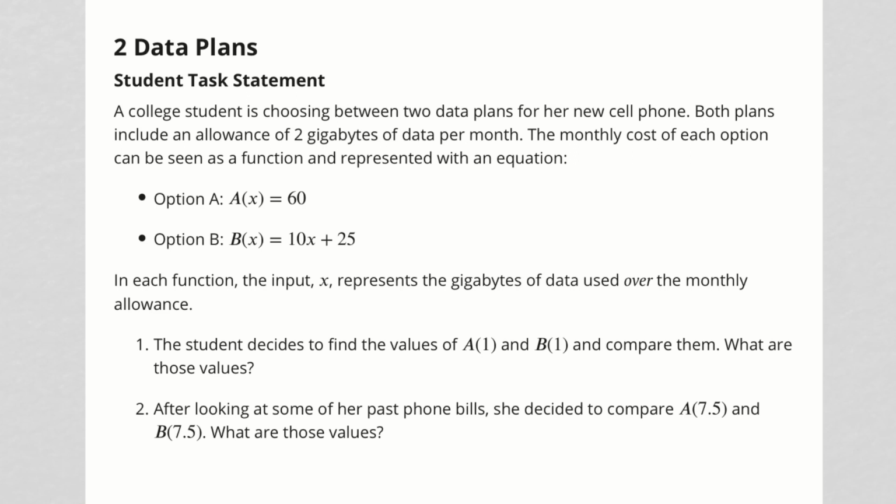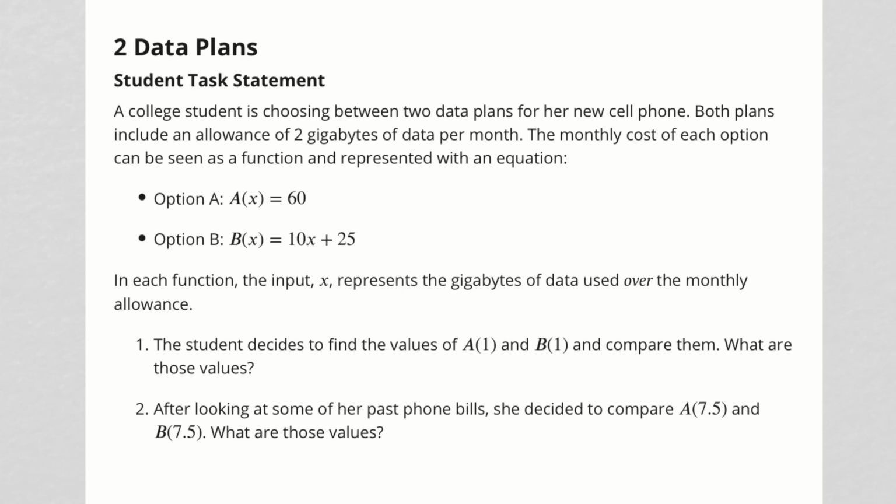So we have option A, where the total is going to be 60 no matter what X value we have. In option B, we have a flat fee of $25 and $10 per gigabyte over 2 gigabytes of data. In each function, the input X represents the gigabytes of data used over the monthly allowance.